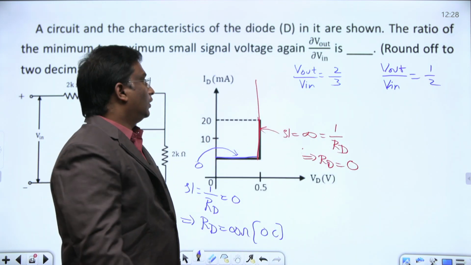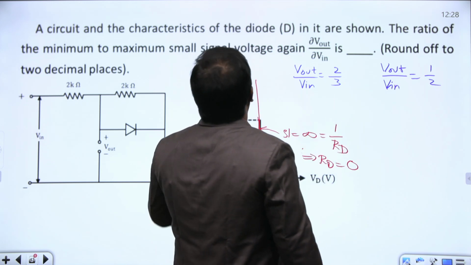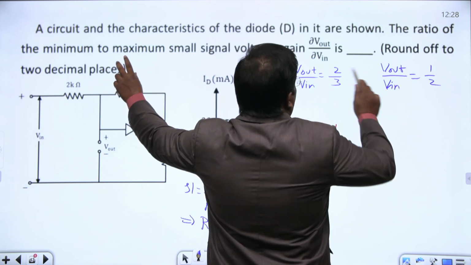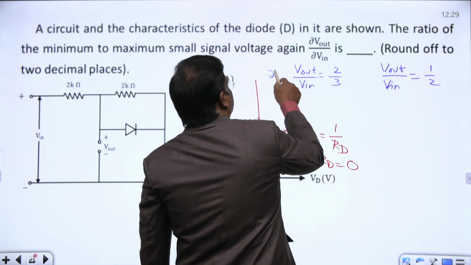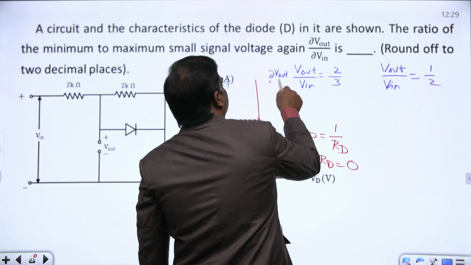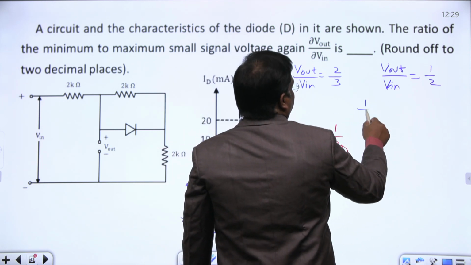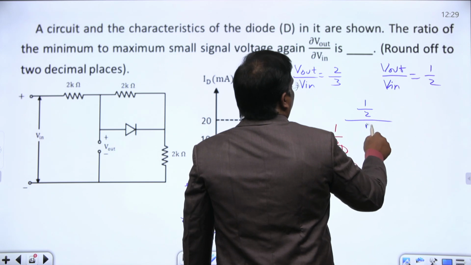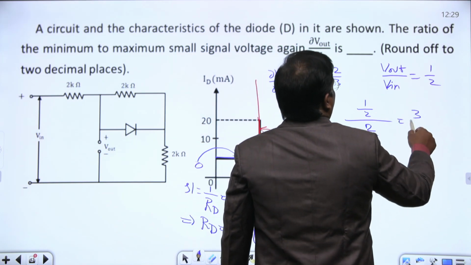That is something like 0.66 and 0.5. Okay, 0.5 is the minimum. This is itself nothing but dV out by dV in. Ratio of minimum to maximum: 1 by 2 divided by 2 by 3. What is the value? This is 3 by 4.